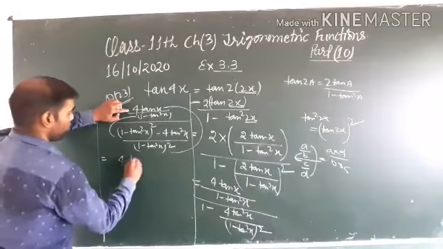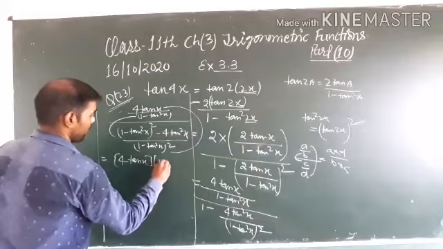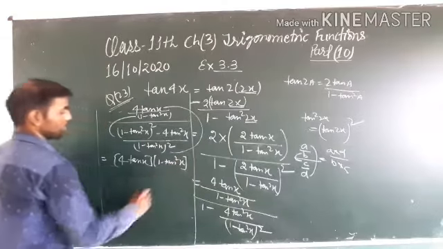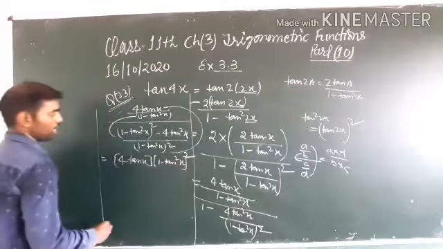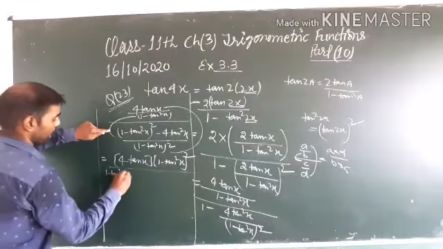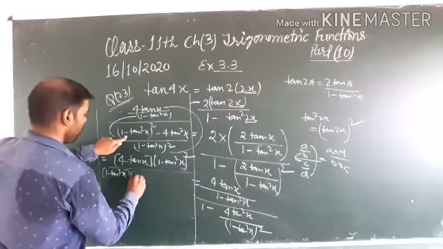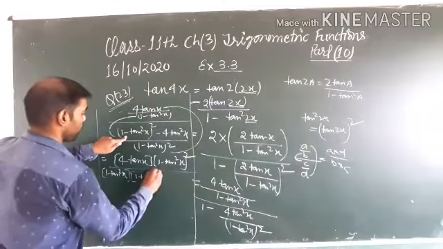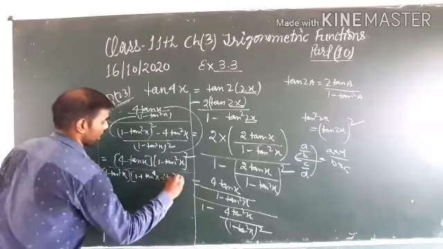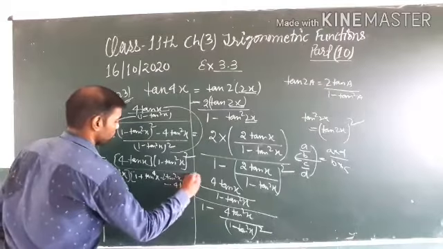So we can write 4 tan x into 1 minus tan square x upon 1 minus tan square x to the whole square, upon 1 minus tan square x, into this part 1 plus tan to the power 4 x minus 2 tan square x and minus 4 tan square x.